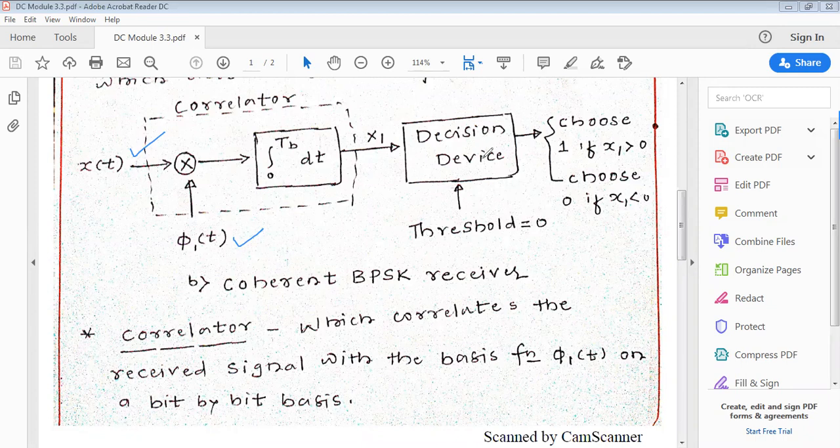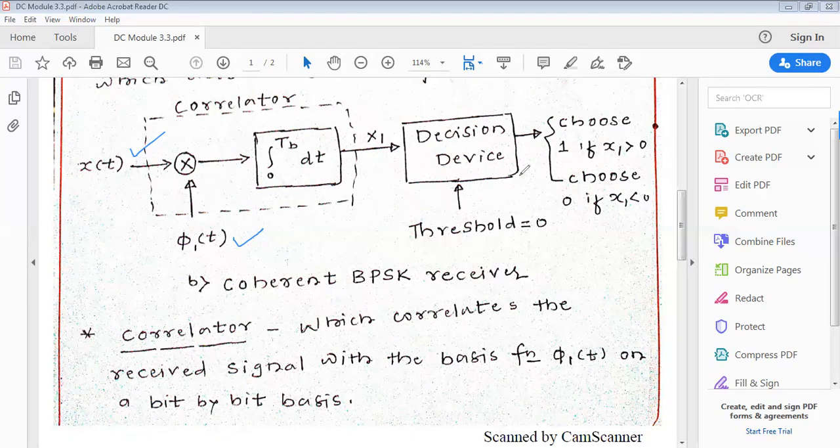What does this decision device do? It compares the output of the correlator, which is the random variable x1, against a constant value. If x1 exceeds the threshold, that is 0, then the decision device will make a decision in favor of symbol 1, and if x1 is less than 0, then the decision device will make a decision in favor of symbol 0.